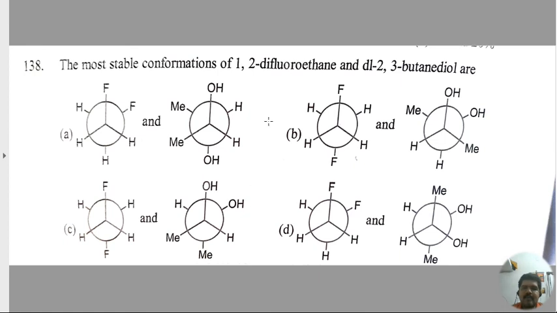But now look at the next one, 1,2-difluoroethane. The gauche effect is happening here because the two fluorine atoms should be close to each other. So which is the option satisfying this? This one, the two fluorine atoms should be close, and the two OH must also be close, which is happening in this option D. So these are the questions that I wanted to discuss with you.